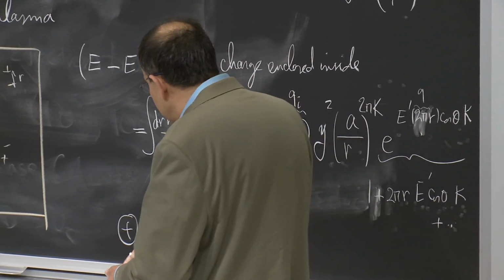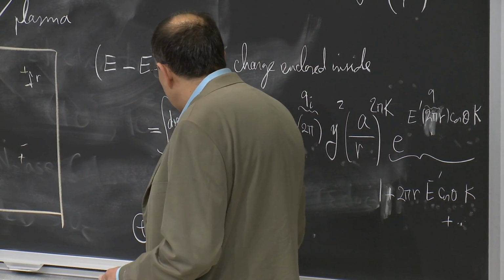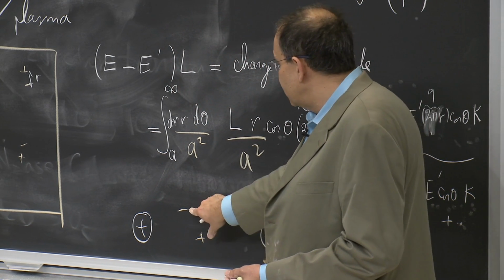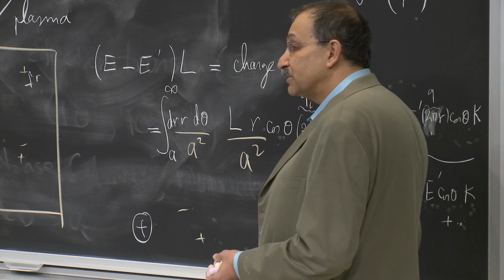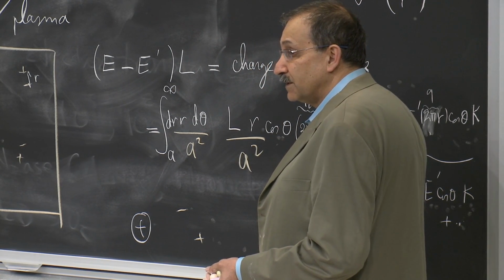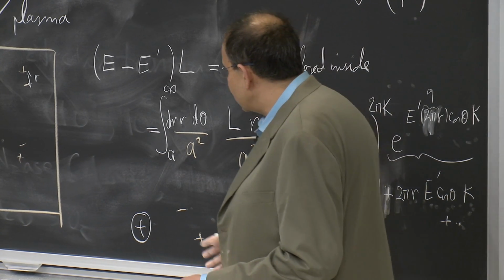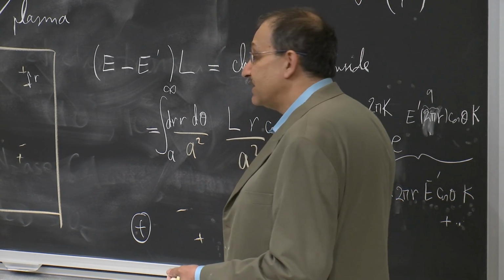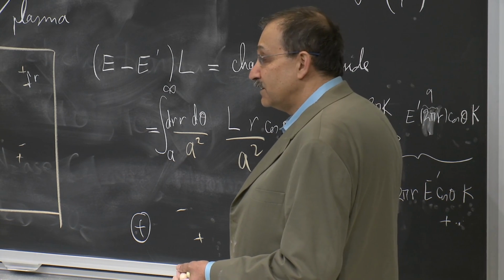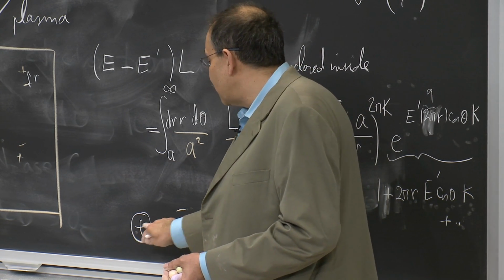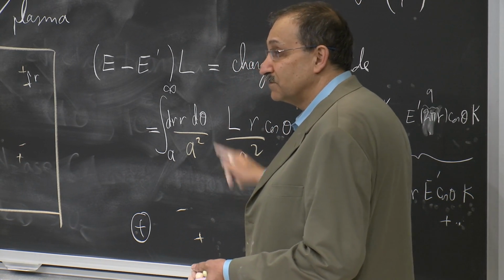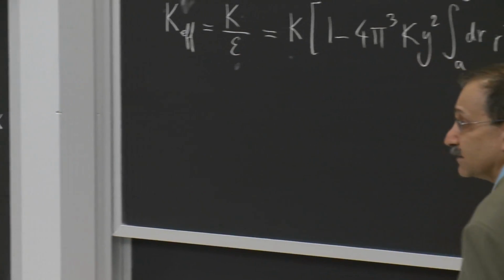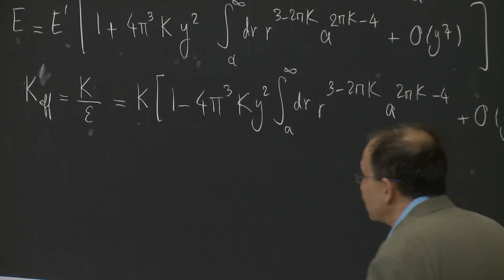But then we say that this bare interaction is modified because I can create pairs of topological defects, such as this, that will partially screen the interaction. And in the notes, we calculate what the effect of those pairs at lowest order is on the bare interaction that you have between them. And you find that the effect is to modify the coefficient of the logarithm, which is k, to a reduced k, and that reduced k is given exactly by this formula. So the same thing you can get different ways.